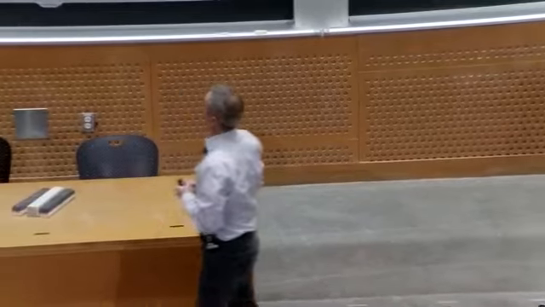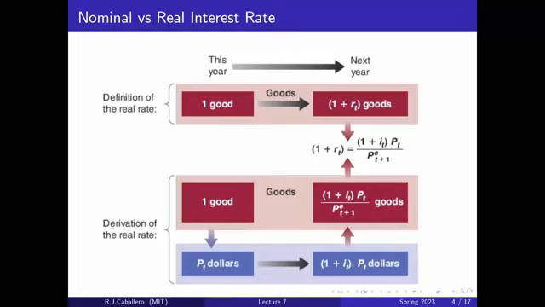Okay, the reason I made that clarification here is I'm going to derive the real interest rate, but that doesn't mean that the instrument exists. I'm saying, given a nominal rate that I see out there, how do I construct a real interest rate from that nominal interest rate? That's what I want to do here.